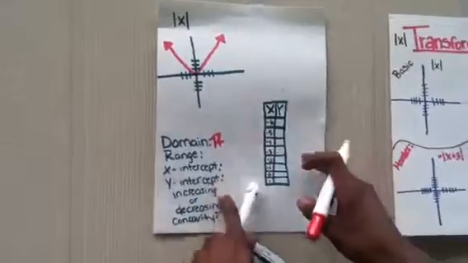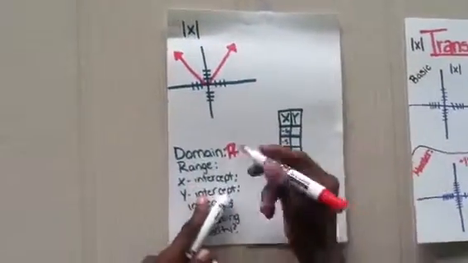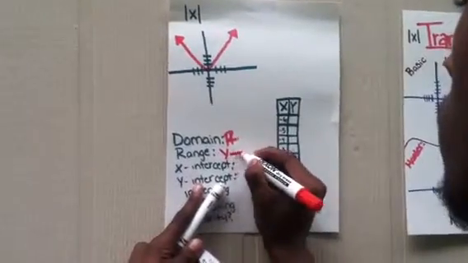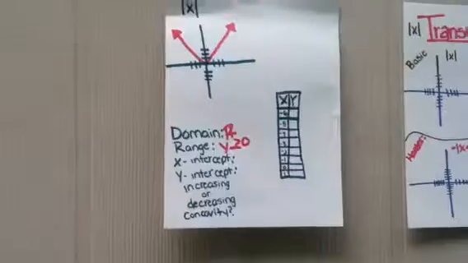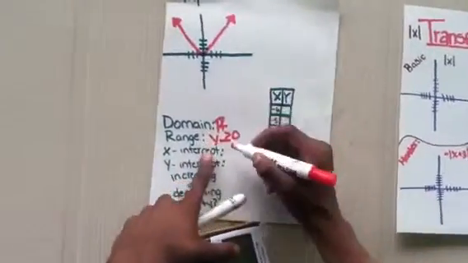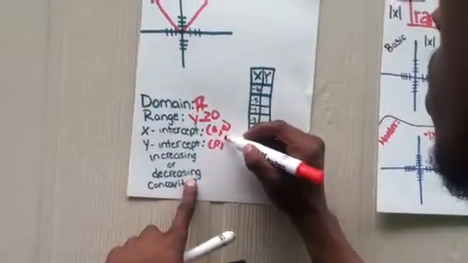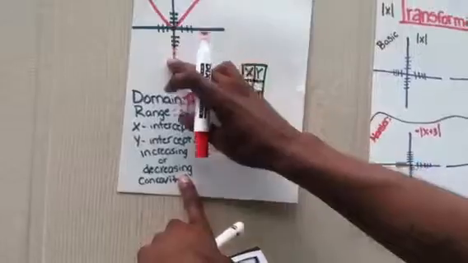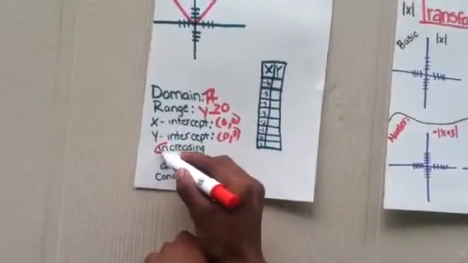Since nowhere on the y-axis does it go into the negatives, the range will be y is equal to or greater than 0. Since my function starts right here, my x-intercept and my y-intercept both would be 0. And since it doesn't go into the negatives on either my x or my y-axis, it'll be increasing.